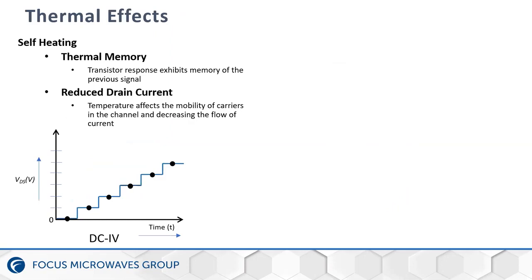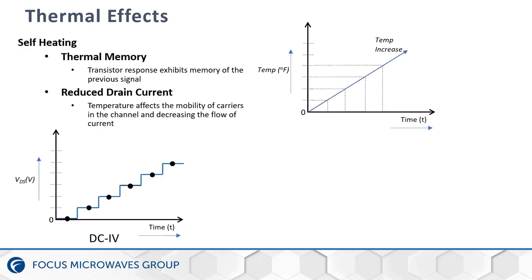In DC IV measurements, basically a series of voltages varied over time is applied to the device, and at each voltage, the current flowing through the device is measured. This continuous cycle increases the device temperature.